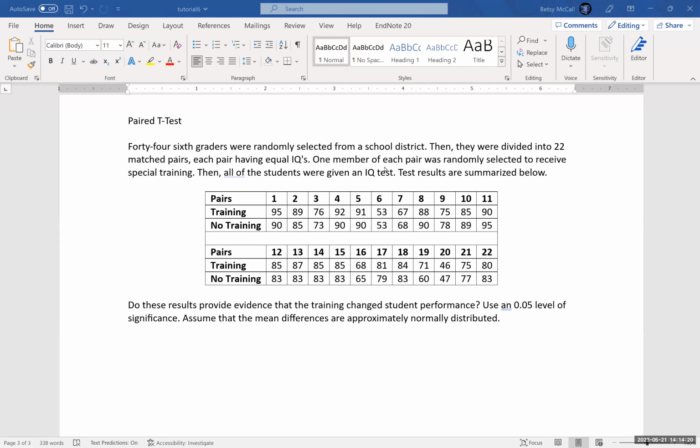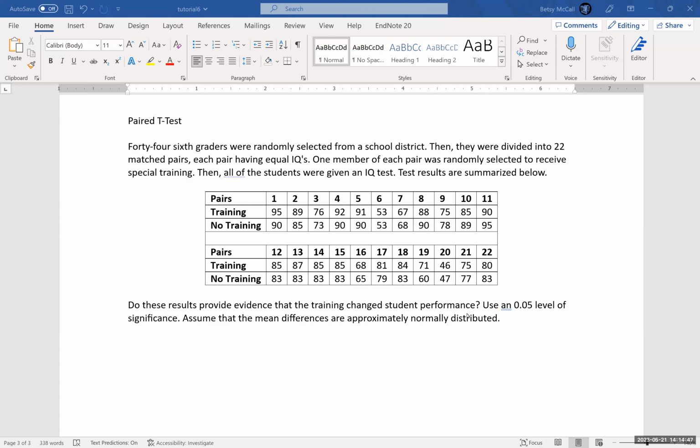One member of each pair is randomly selected to receive special training, and then all of the students were given an IQ test. The idea here is to see if the training will improve the scores. The results are summarized below, and we want to know if the results provide evidence that the training changed the students' performance on the test.